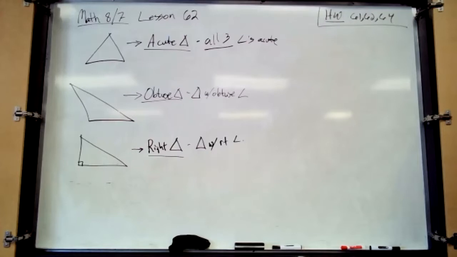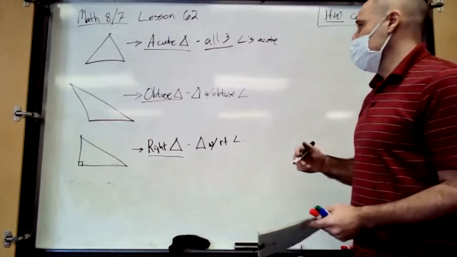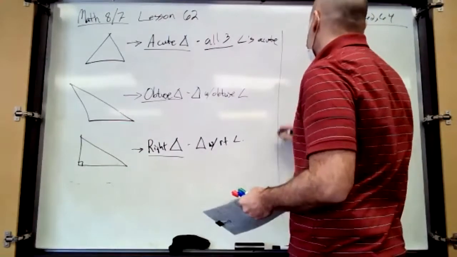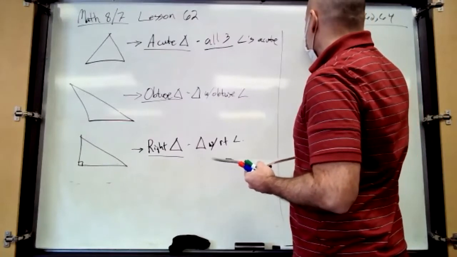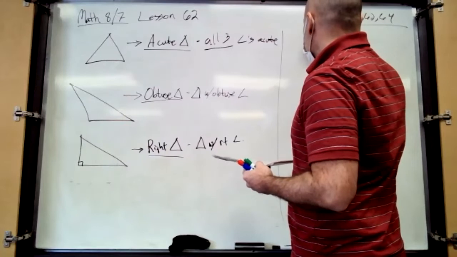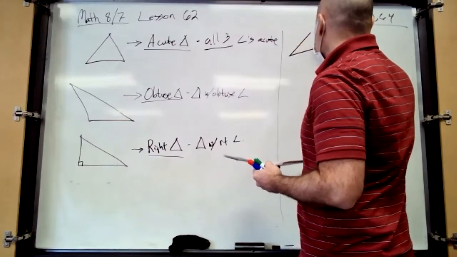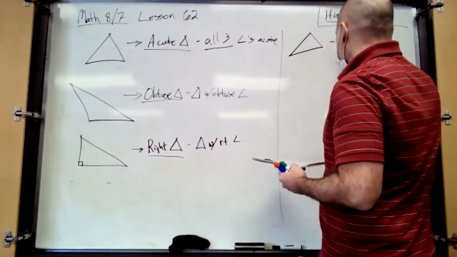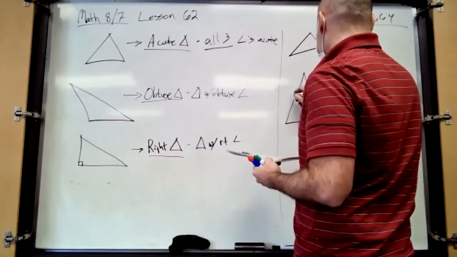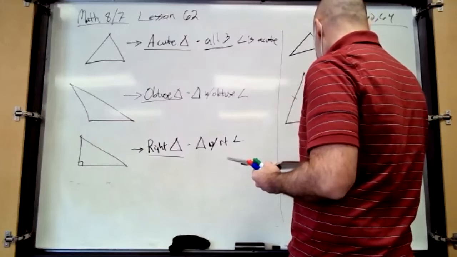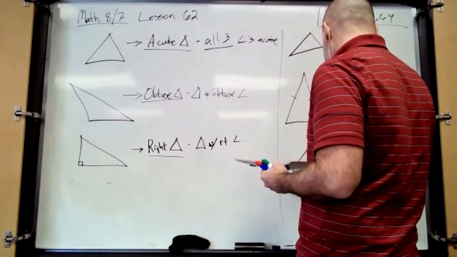Another way is by their sides. Okay, so we're going to do that where we have, let's see here. Let's draw a triangle that looks like this. Let's draw a triangle that looks like this. And let's draw a triangle that looks like this.